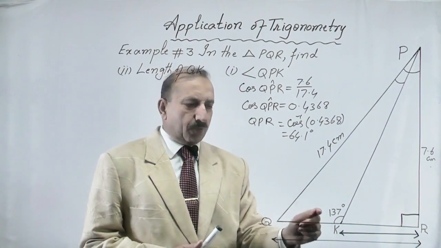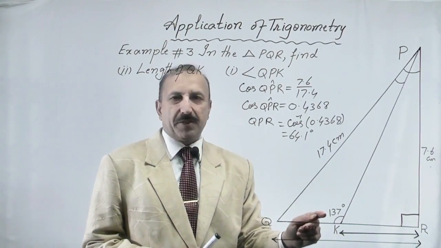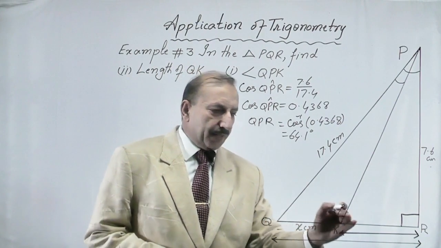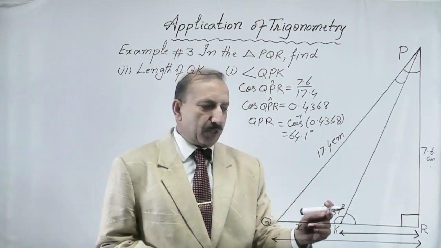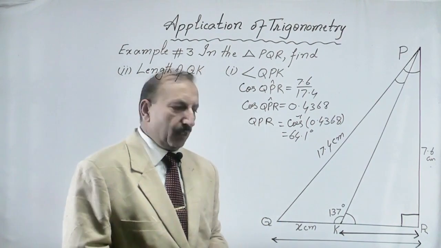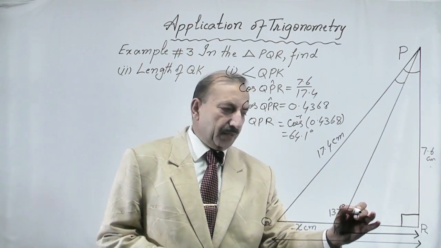For this, we will move this angle. This is 137 here. And we can get this angle because a straight angle is 180. If we subtract this 137, we will get 43 here.